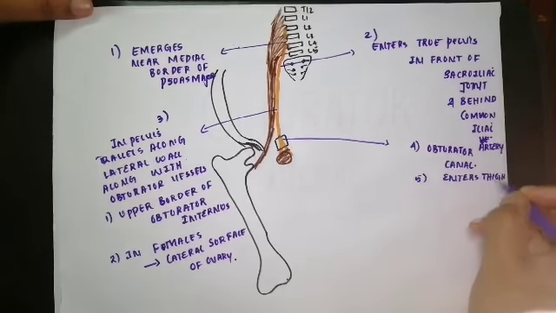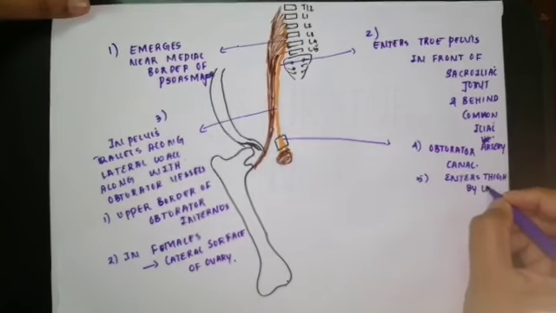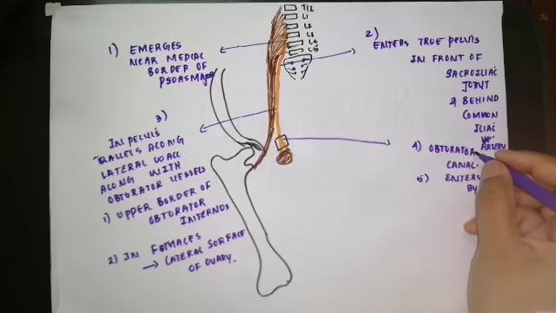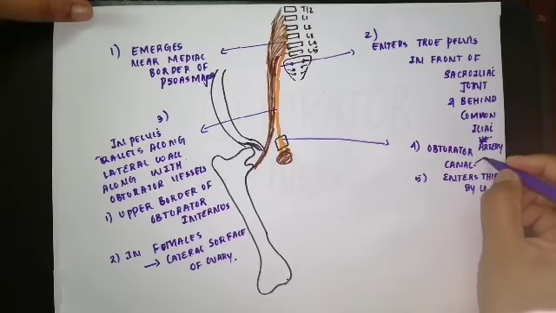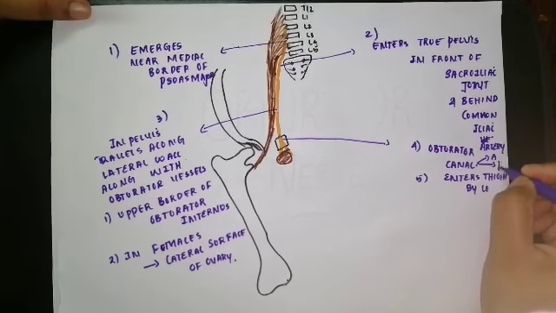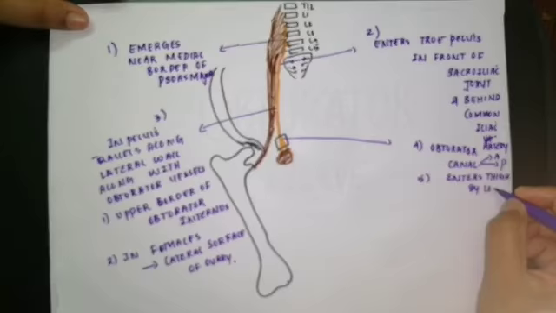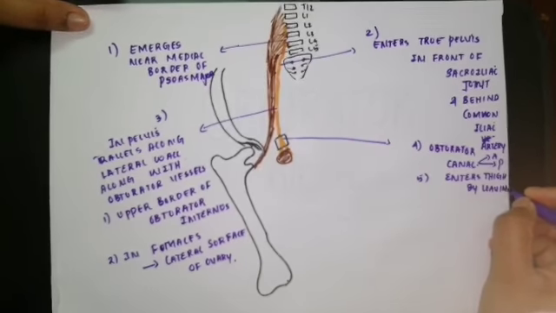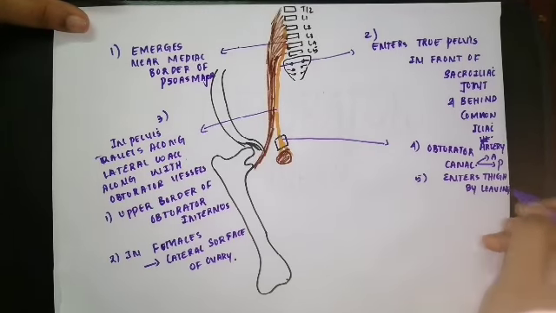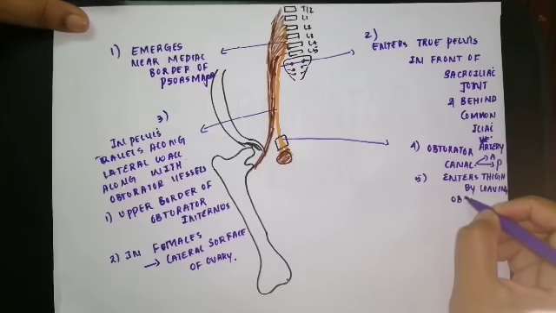In the obturator canal itself, it divides into anterior and posterior divisions. The anterior and posterior divisions, the terminal branches, enter the thigh by leaving the obturator foramen.